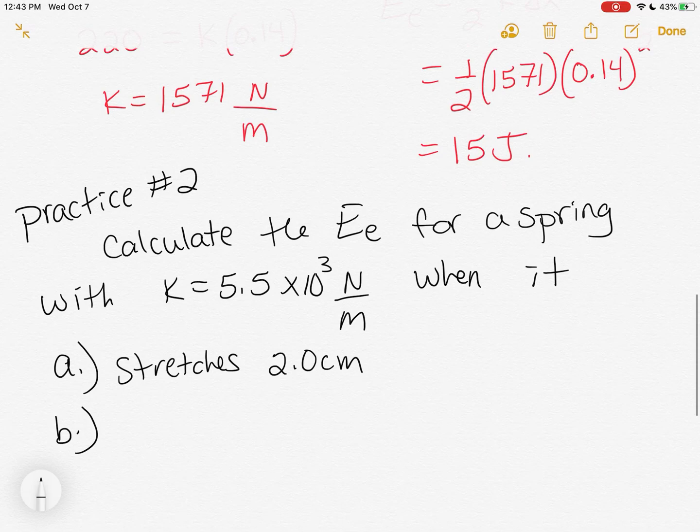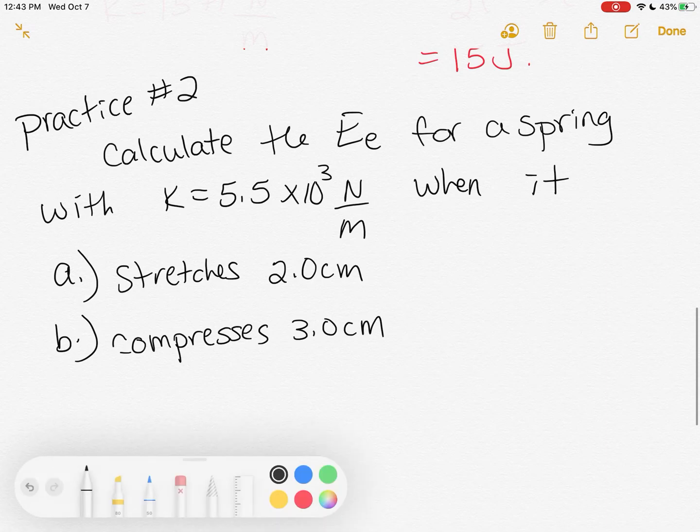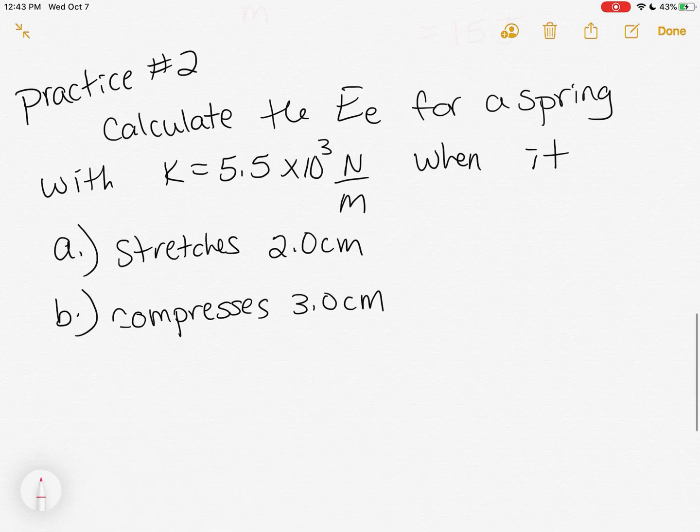In part A, if it stretches two centimeters, or in part B, if it compresses 3 centimeters.